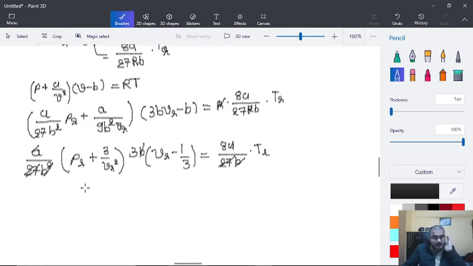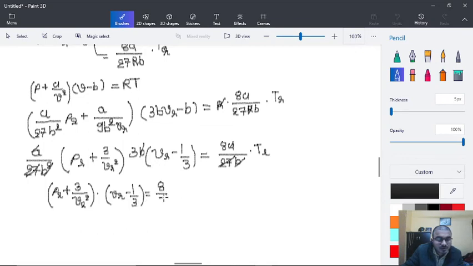So what we are getting here is PR plus 3 divided by VR square into VR minus 1 by 3 is equal to 8 by 3 into TR.